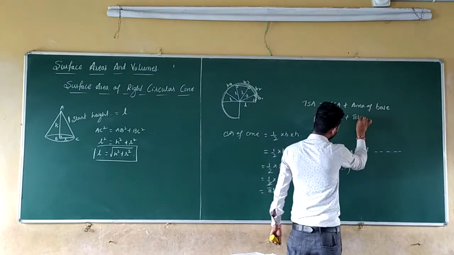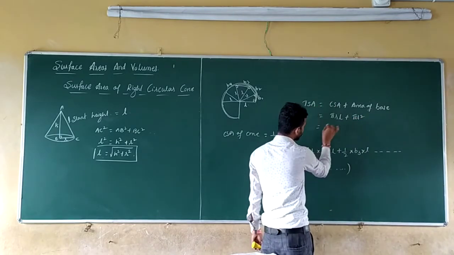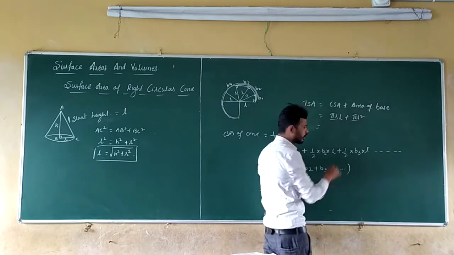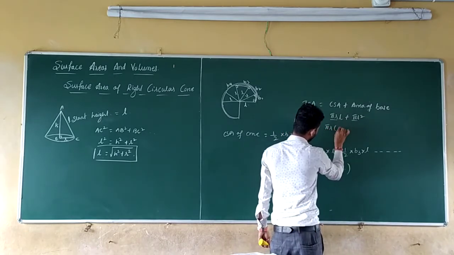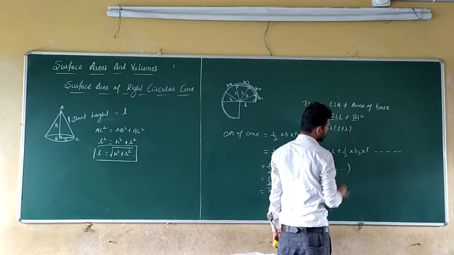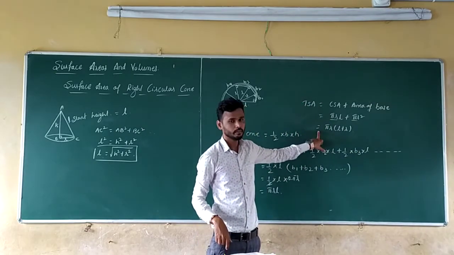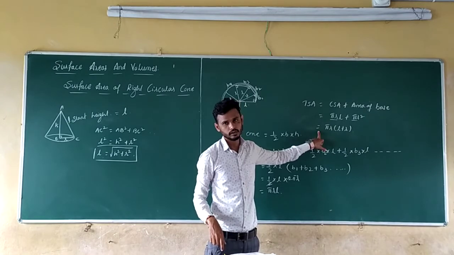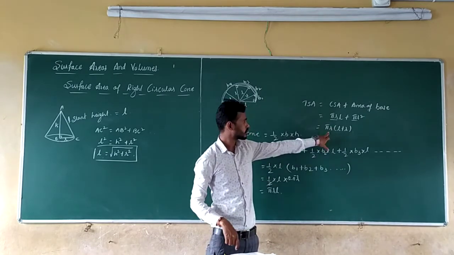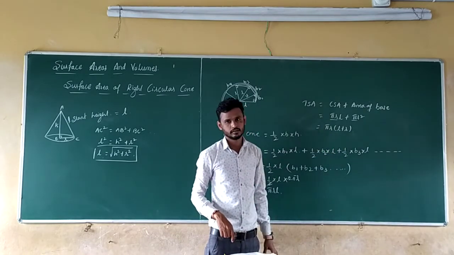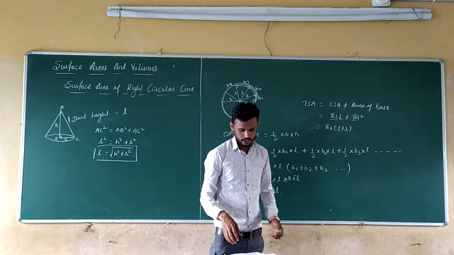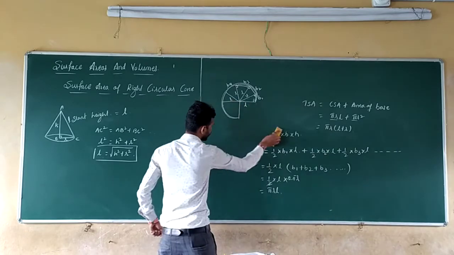The formula is pi r square. In these two, pi r is common, so take that outside: pi r into bracket L plus r. So this is the formula for the TSA of the cone, and the other is the CSA. Let us write these two clearly.